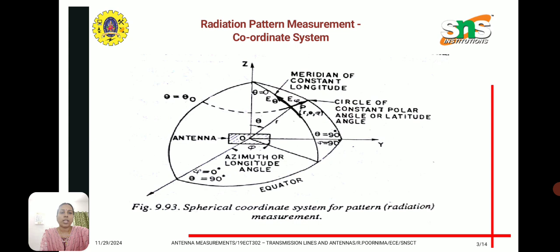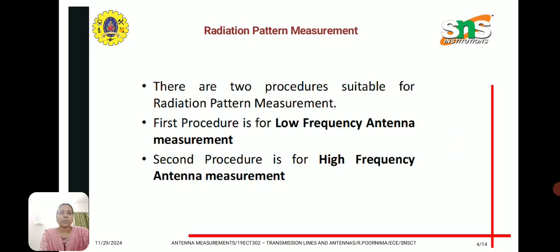We also take the angle theta, and a circle of constant polar or latitude angle is taken for measurement. This is the spherical coordinate system used for radiation pattern measurement.